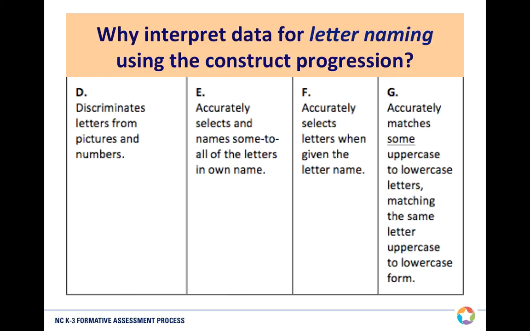Their current learning status, you've probably identified, is step E along this progression. Then their learning target, that next step where we would guide them next, would be step F. They accurately select letters when given the letter name.